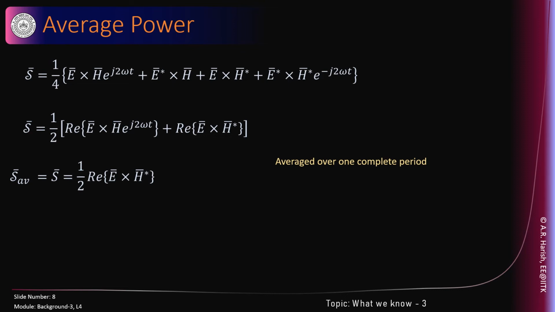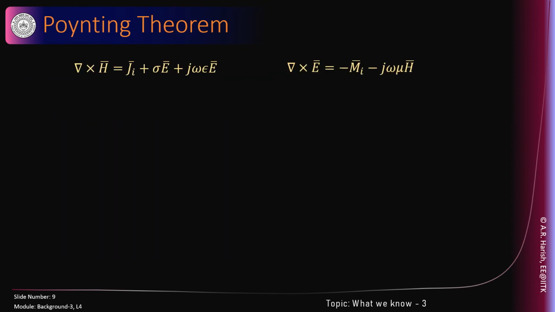Therefore, the average power associated with the electromagnetic field is half of the real part of E cross H star. So this is a real quantity. This is the real power associated with the electromagnetic field, having electric field strength E and magnetic field strength H.